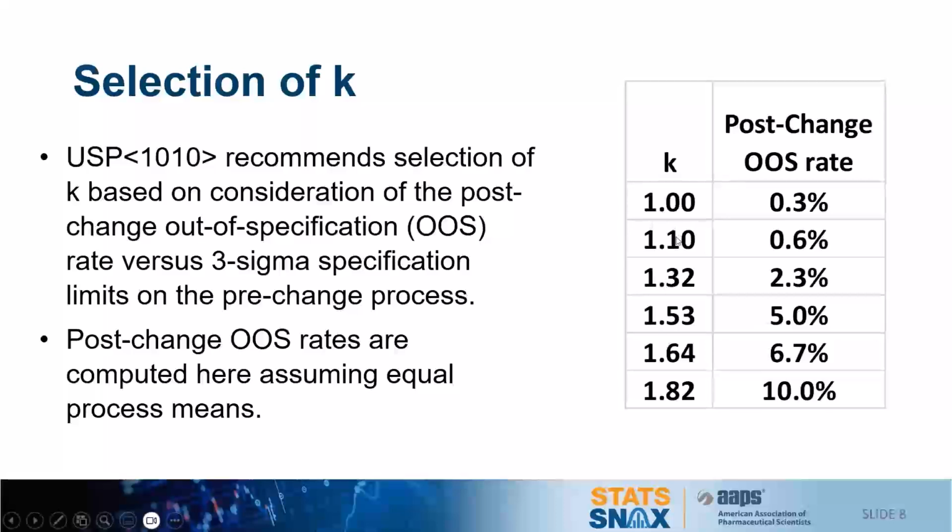And what this table here shows you in the numbers is the percentage of the post-change process that would be outside 3 sigma specification limits of the pre-change process.